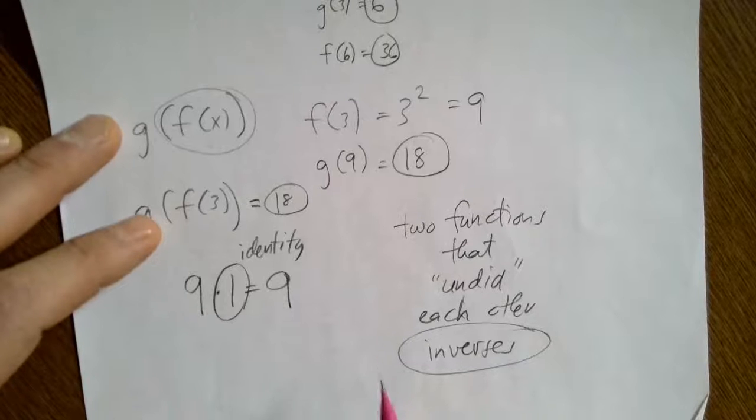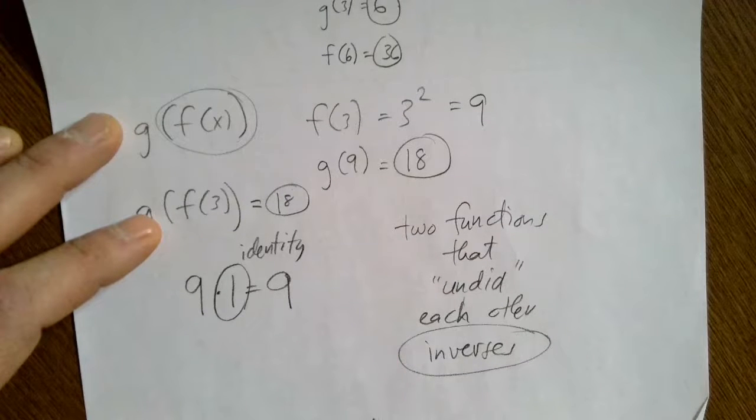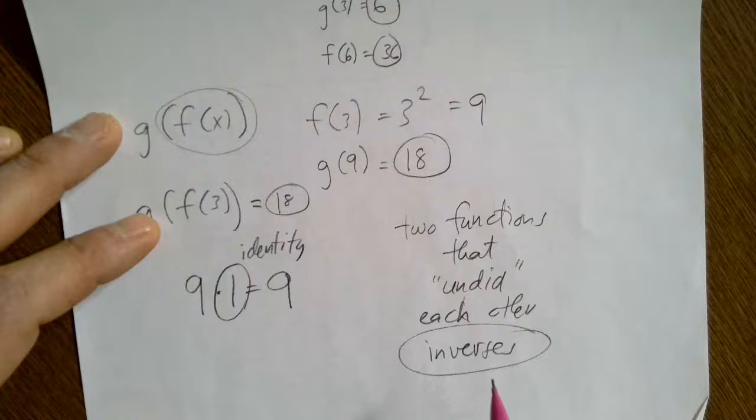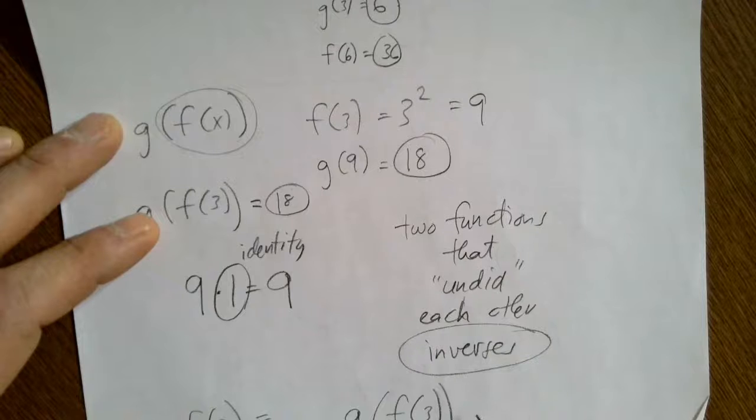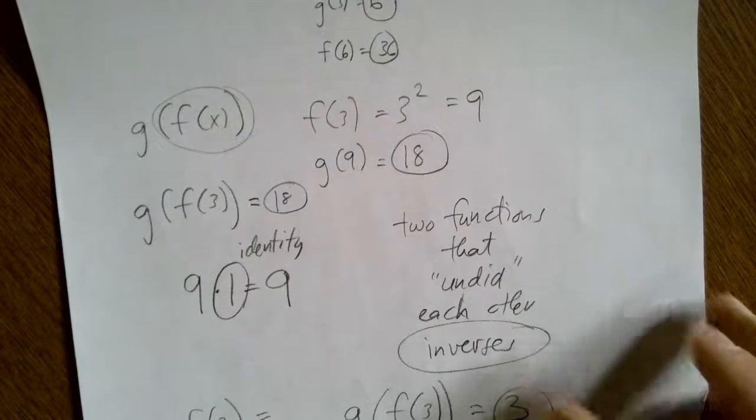So you can have one function that starts with an x, gets an answer, then you plug that answer into another function and it puts it right back to what you started with. So if you have f of 3 and you get an answer and then you plug it into g, so g of f of 3, it undoes it, and so it puts it right back at 3. Let's do a couple examples so you see what I mean.